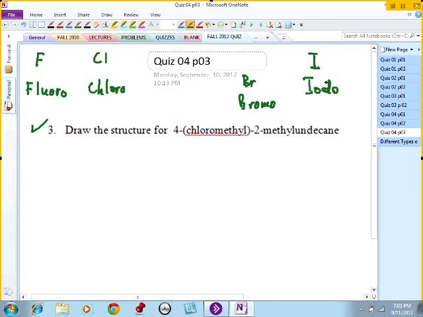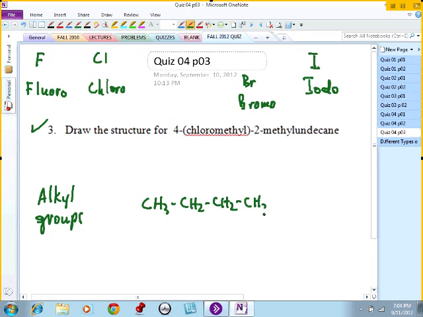Now, if you also remember, we gave you the alkyl groups. And we told you that the alkyl groups are fragments of the alkane molecule in which you simply remove one hydrogen from the corresponding alkane. For example, if I have this, if I want to make an alkyl group from this part of the molecule, I could simply remove this here.